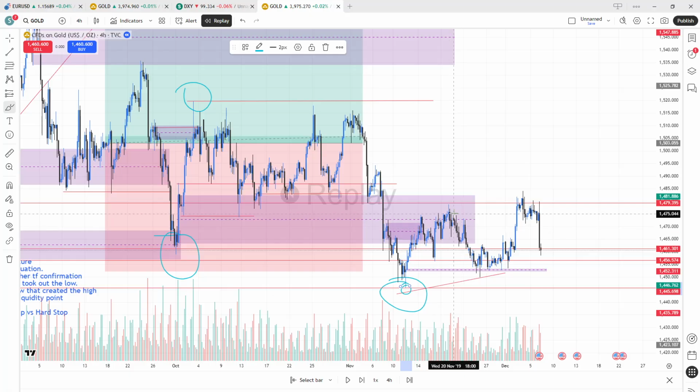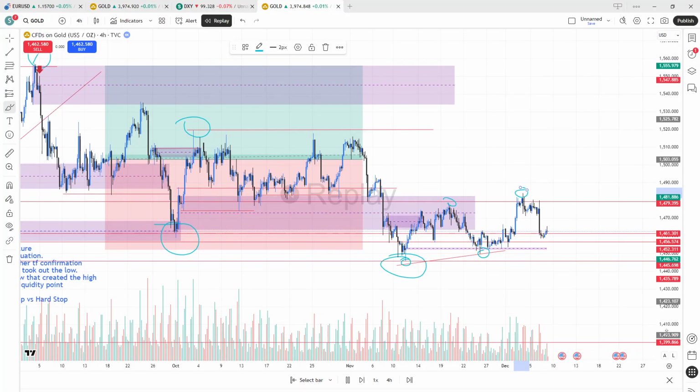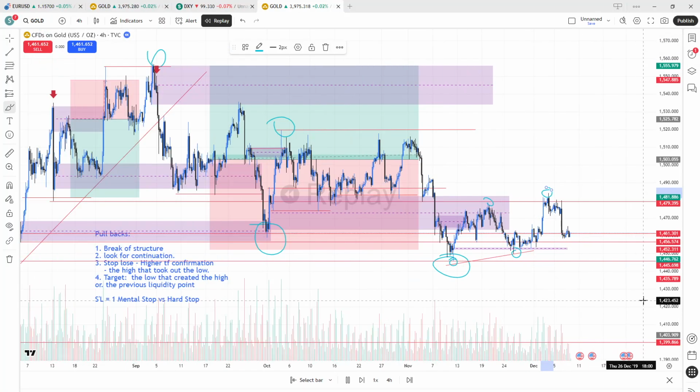So this range is something we have to consider for a new range to happen. So this could be the start of that transition, right? It's going to be the start of that transition for this price movement to continue.